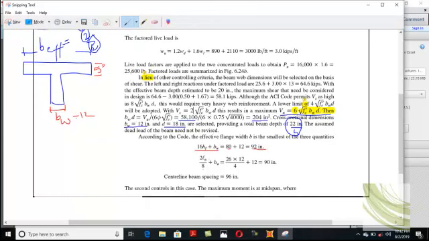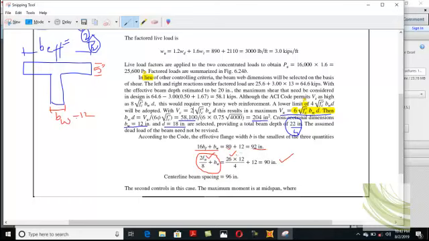And this is another criterion, criterion number 2. Different criteria are used for beam design. So 2ln divided by 8 plus bw, where ln is the clear span. Here it takes, let's say, 26, but almost it is the clear span. Putting the values gives you 90 inches.